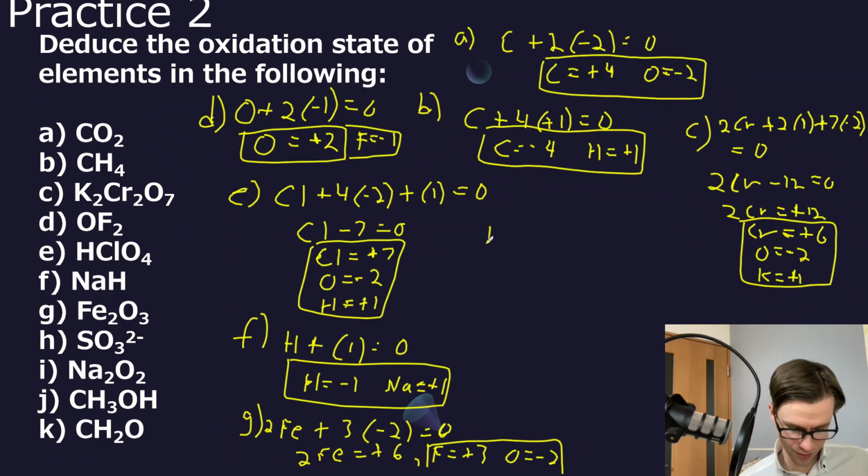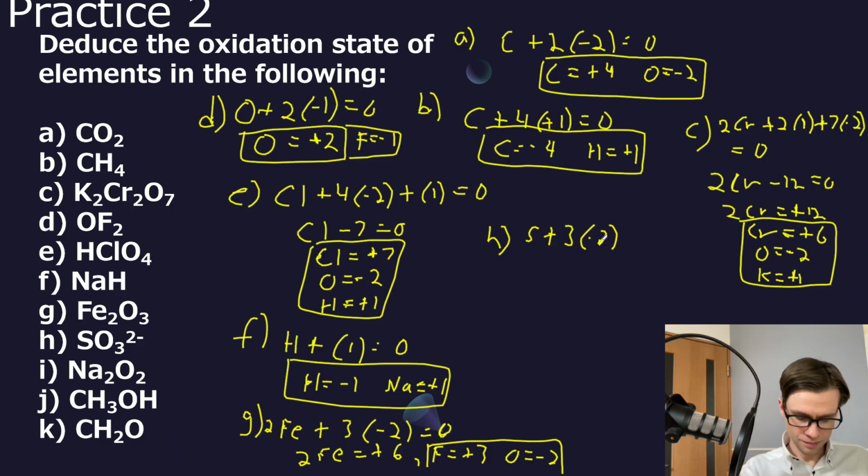Okay, H, let's go in the middle here. SO3 2-, this is a polyatomic ion. So instead of setting it to 0, we're going to set it to minus 2. We'll use S as the unknown, plus 3 oxygens at minus 2 each. And this equals minus 2.